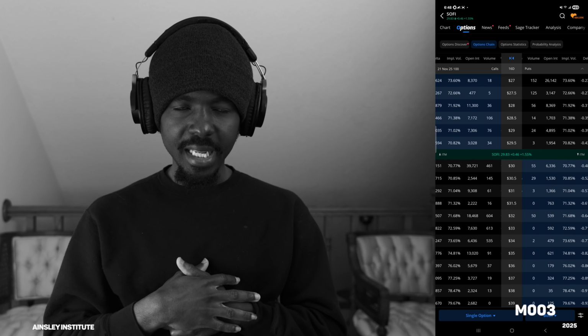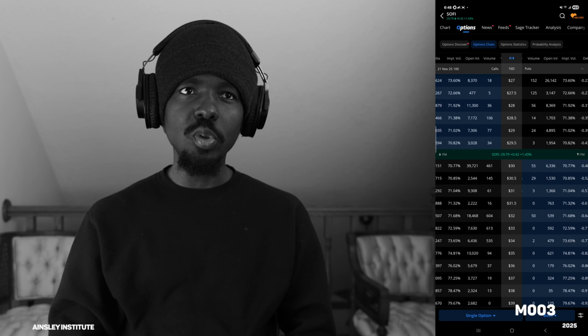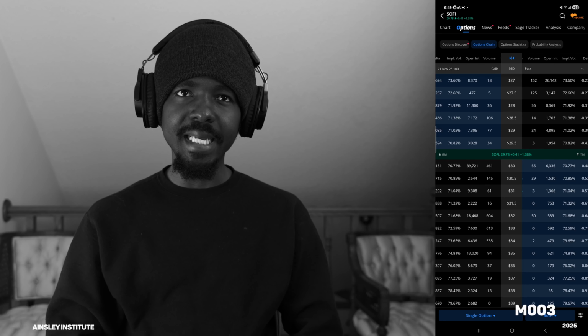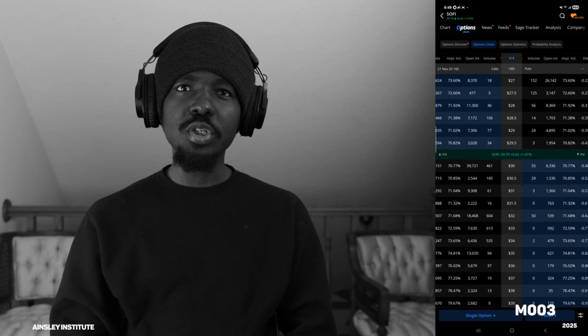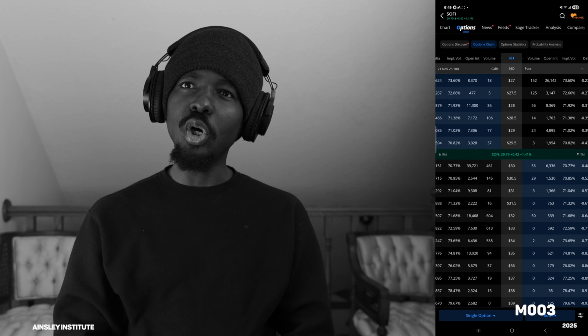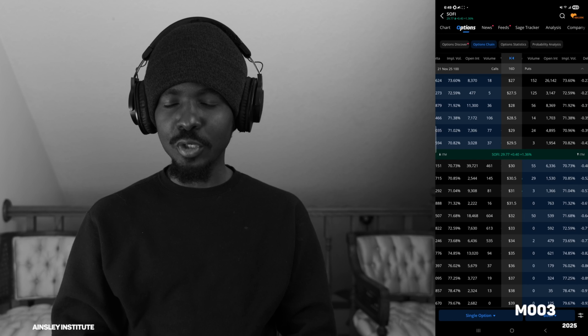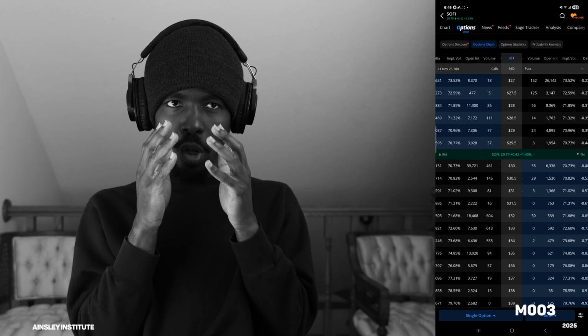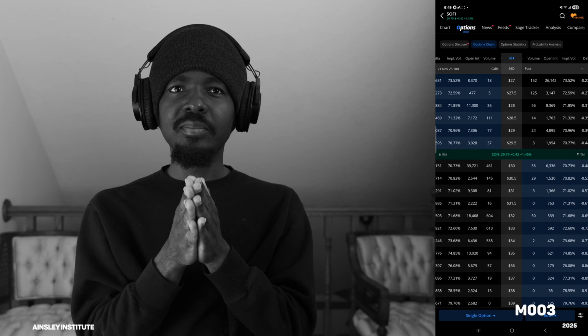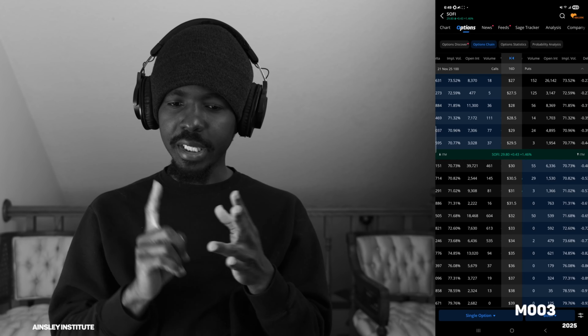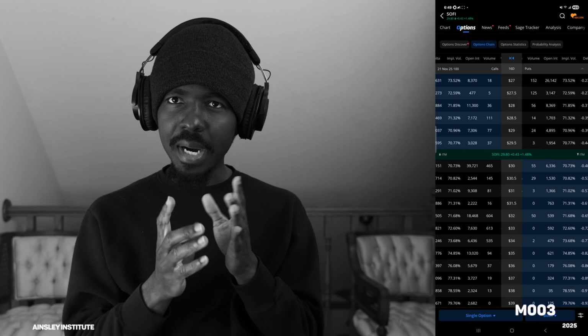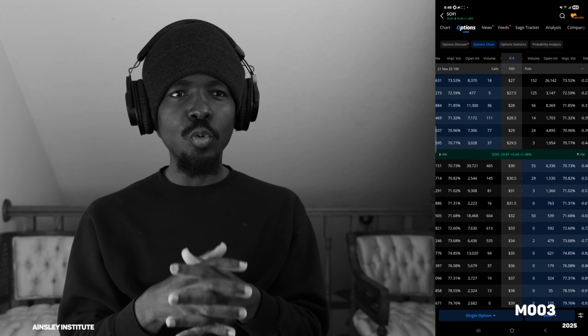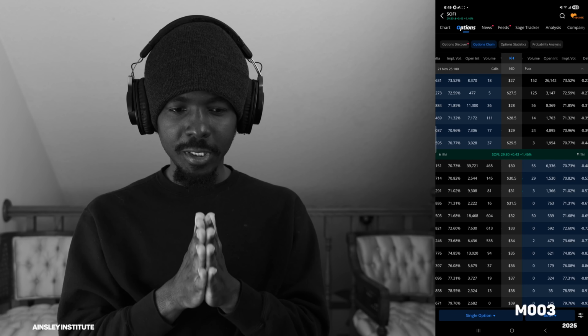So the biblical insight that I want us to focus on is Luke 14 and verse 28. It says, "For which of you, intending to build a tower, sits not down first and counts the cost?" So counting the cost includes checking liquidity, checking the spread, checking the market structure before making your trade.